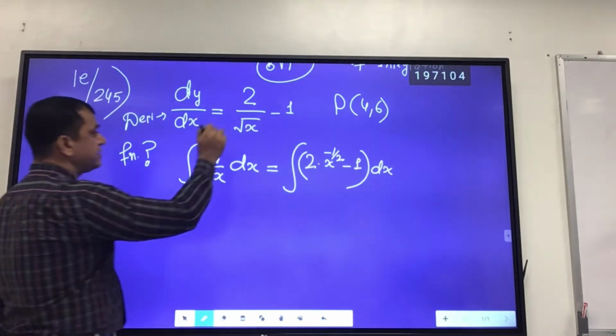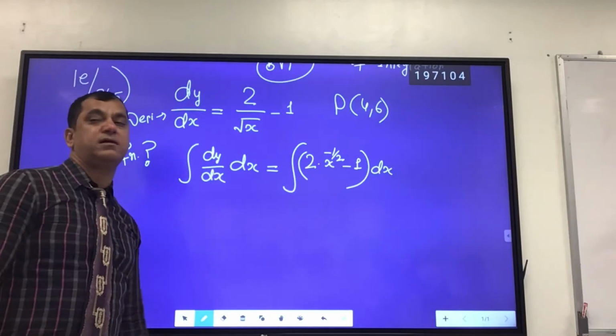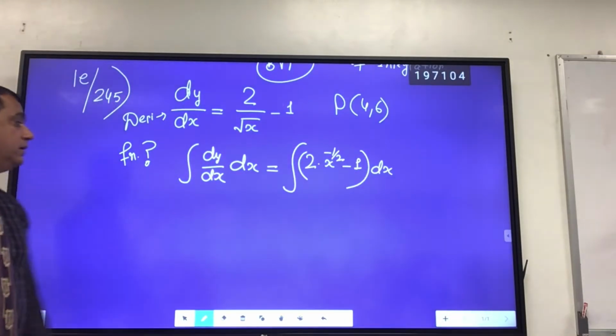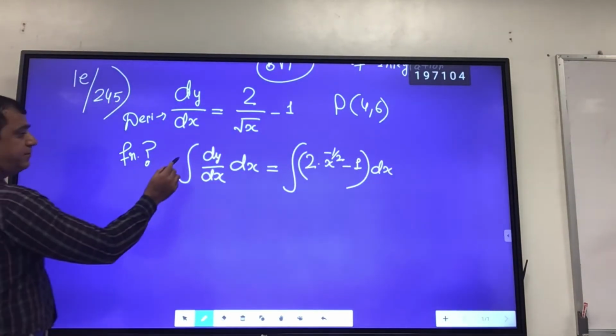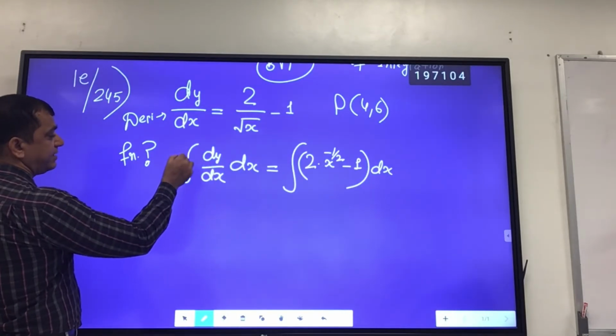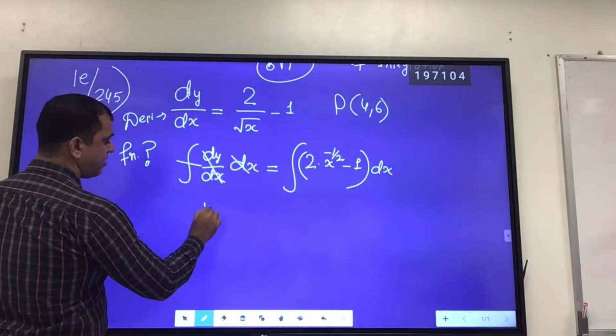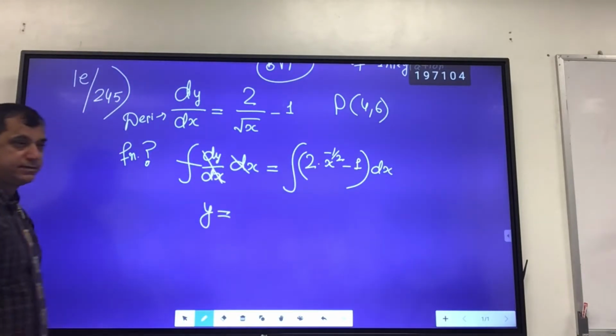I just changed this square root into an exponent and moved it up, so it becomes x power minus half. Now see what happened? Basically, this derivative d/dx will be cancelled with the integration because they are antiderivatives. What is left now? y, right?